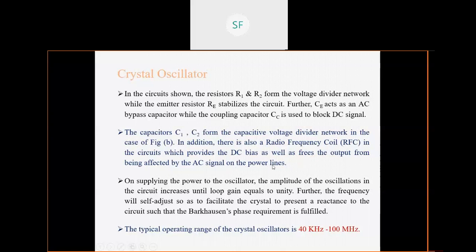So this is the dual advantage of the RFC, the radio frequency coil. At one end it gives us proper DC biasing, and also it frees the output from being affected by the AC signal on the power line.